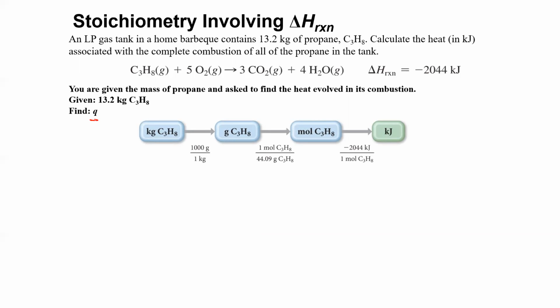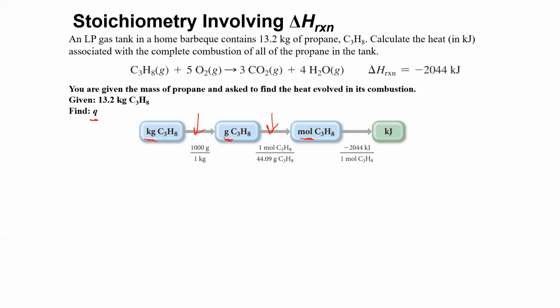Well, like our stoichiometric calculations, whatever unit you're given, convert to moles so we can get to that mole ratio. Okay, we were given kilograms of propane. Well, we can easily convert that to grams using the metric system. And then we can easily go from grams of propane to moles of propane like we've been doing using molar mass.